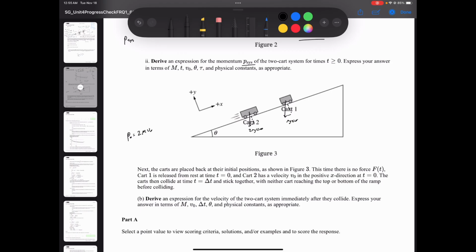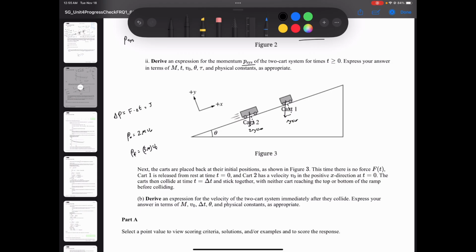So the final momentum of the system is equal to 3m times vf, all right? But this final momentum is not going to equal the initial momentum. The reason for that is because there's an impulse, right? So there's going to be a change in momentum that's caused by the impulse acting on the system.